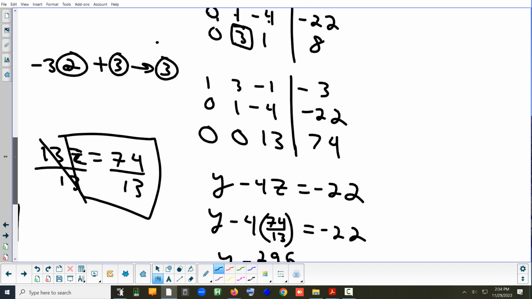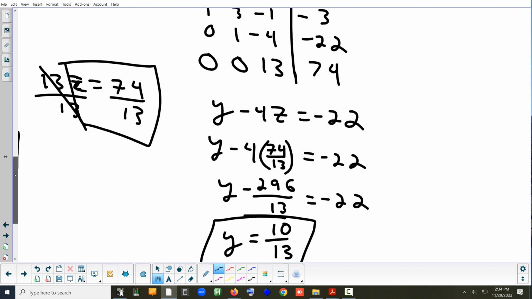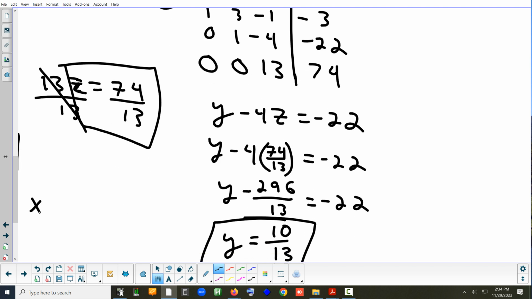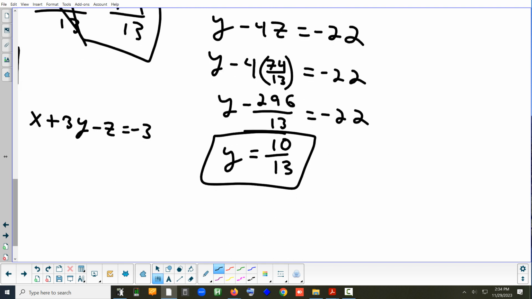What does that top row tell me? x plus 3y minus z equals -3. Okay, x we don't know.